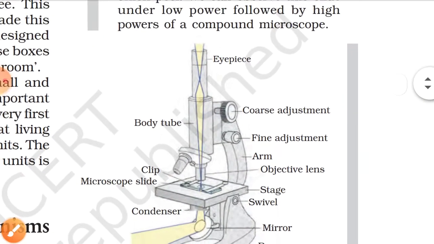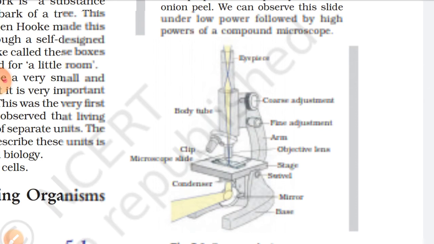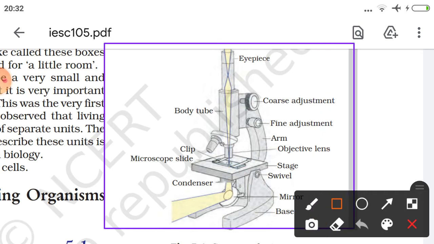If you want to read the activity, you can read it, but I am not reading it. You can see the image of this compound microscope.